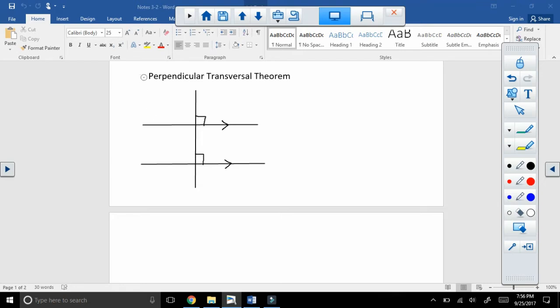And you're not going to have to know this theorem as much as the other ones, so I'm not going to write this out word for word. Maybe if you just kind of draw this picture.